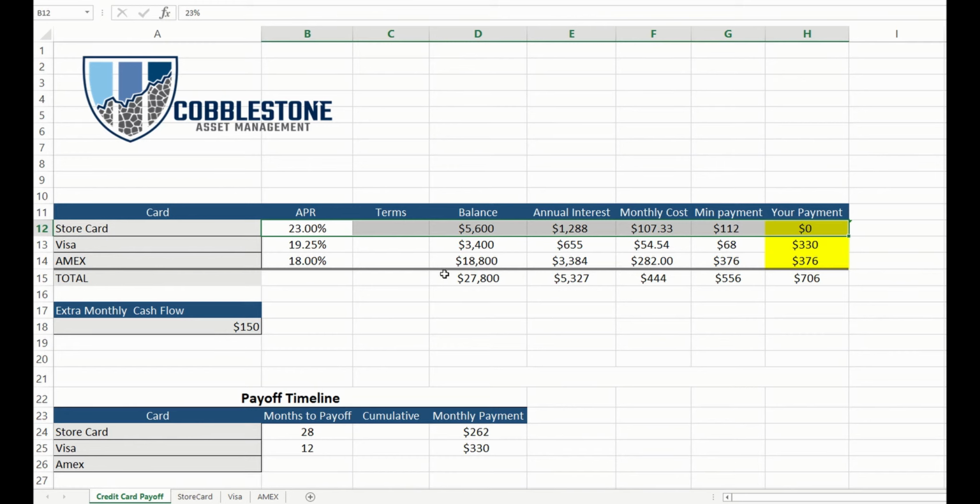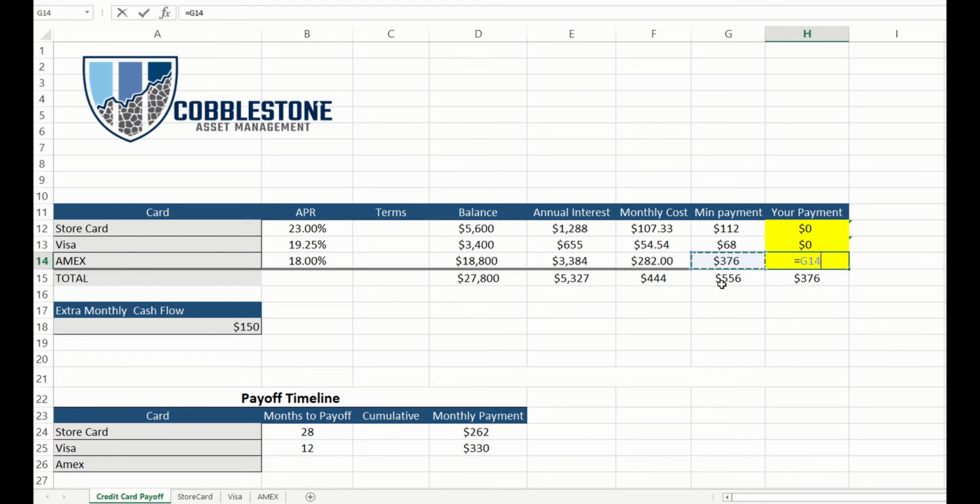And here we are on the third card. Now we get to put a nice zero in for the Visa, and we have freed up more room in our monthly cash flow. So I'm going to get rid of this and show you where it comes from. We have our minimum payment of $376.